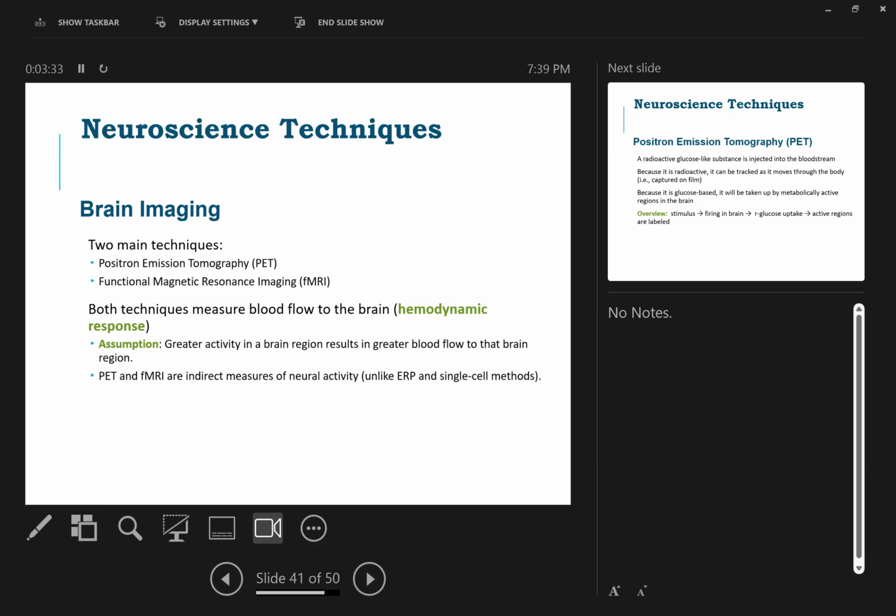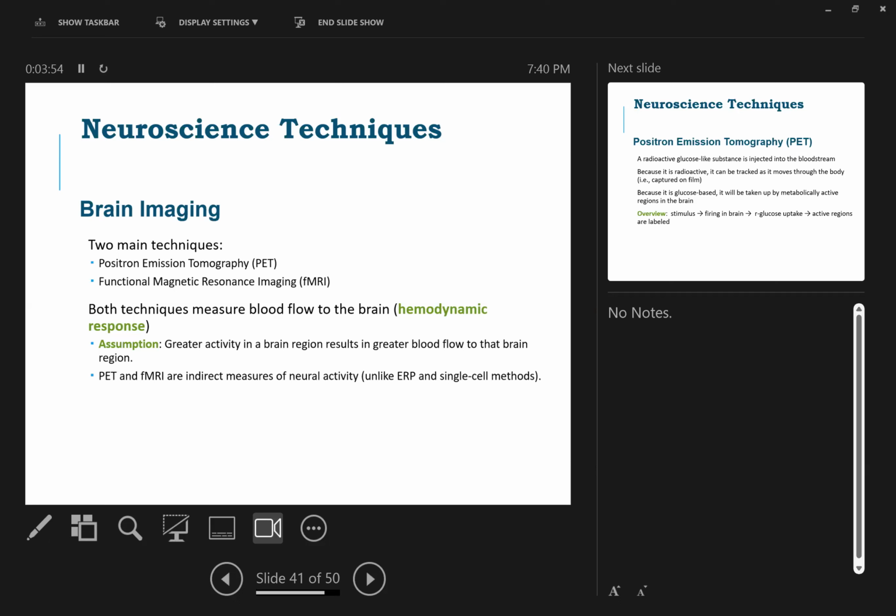So it's an indirect way, right? You're not directly measuring the neural activity. You're measuring the blood flow to certain brain areas. And the argument is that the blood flow should be correlating with the neural activity. So what we call the blood flow is basically the hemodynamic response.